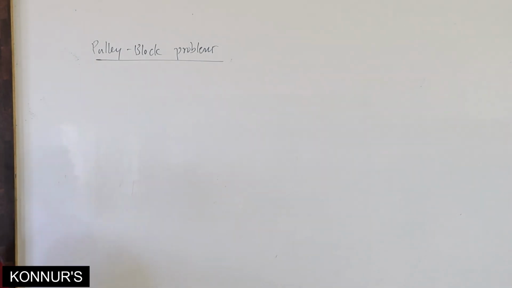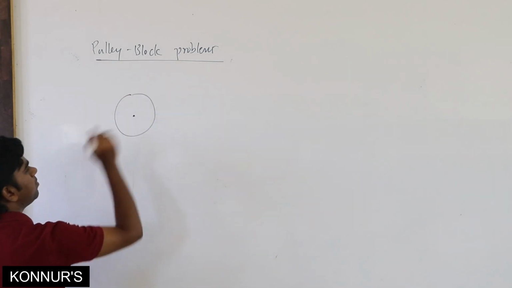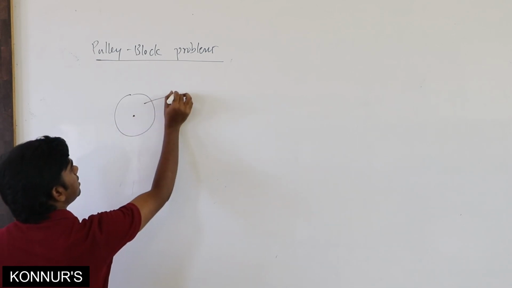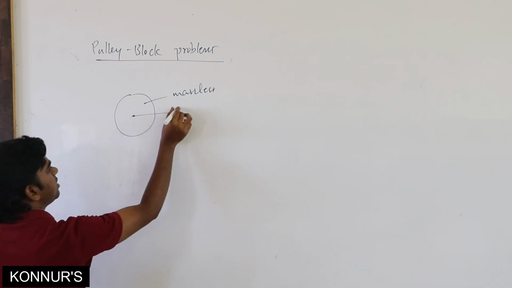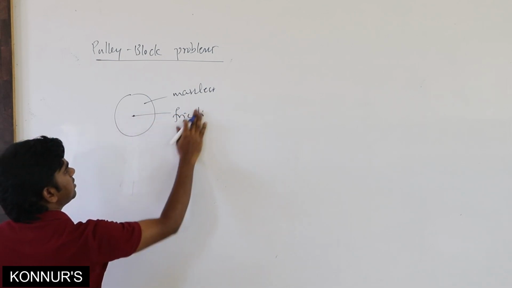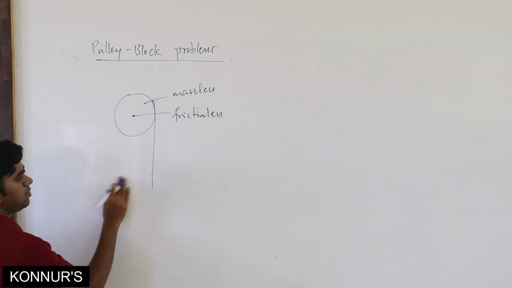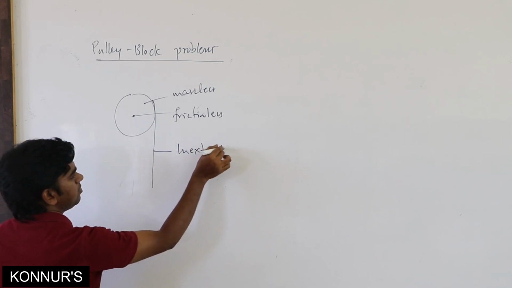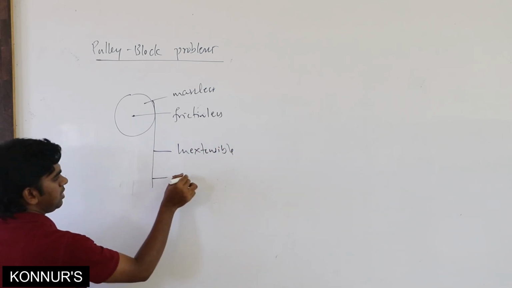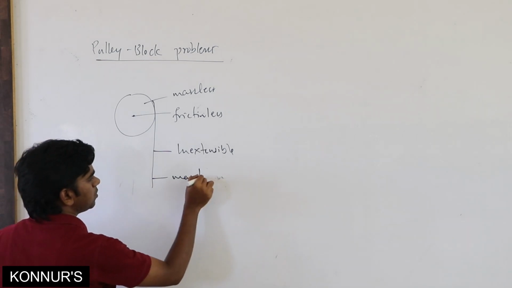We'll go with the pulley block problems. Remember about the pulley, we have to consider it as massless and frictionless. Similarly, the string connected to it is inextensible and massless.